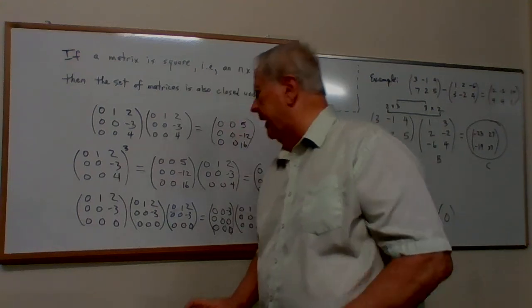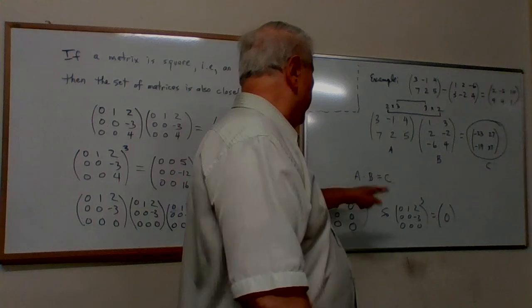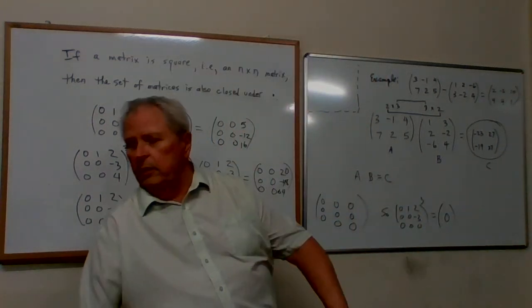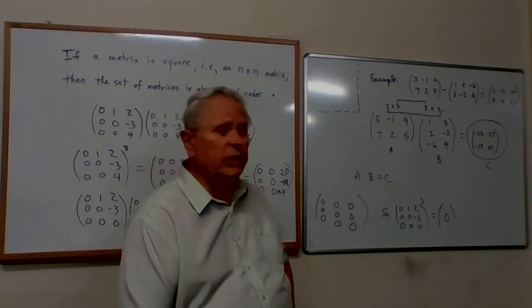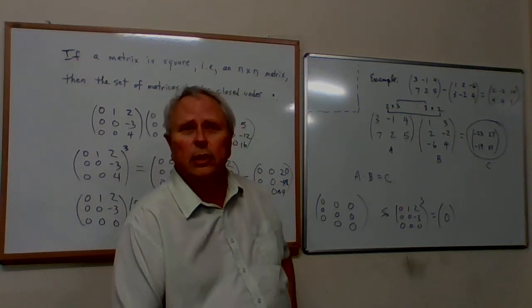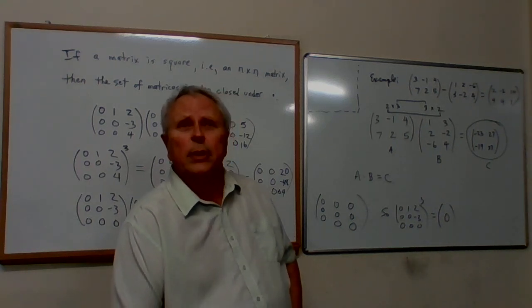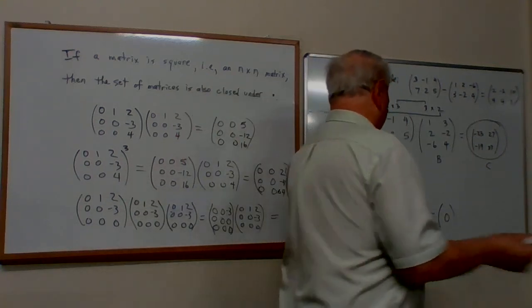Now, what do I mean by that? This non-zero matrix had some power of it that was 0. So not only do I have 0 divisors, non-zero things that when multiplied by something else give me 0, but I have what's called a nilpotent matrix.